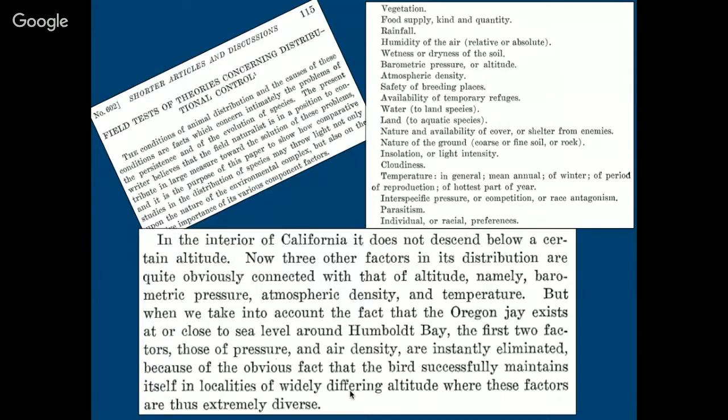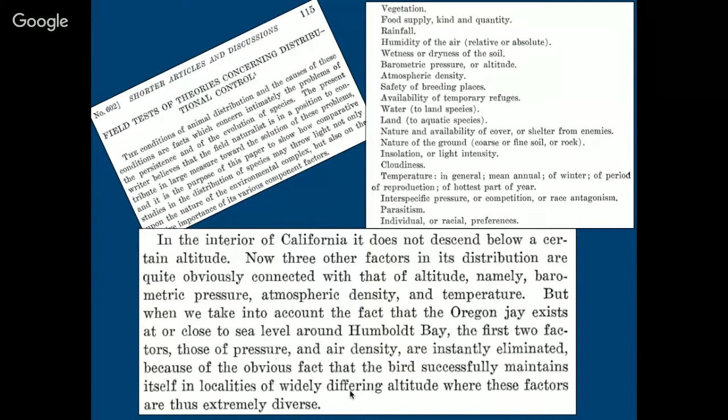He sees a correlation, which is that this is a high elevation species. He comes up with three reasons why those elevations might be meaningful to this species, and then he comes up with other occurrence points that invalidate two of them. So really, this is a pre-GIS correlational ecological niche model.